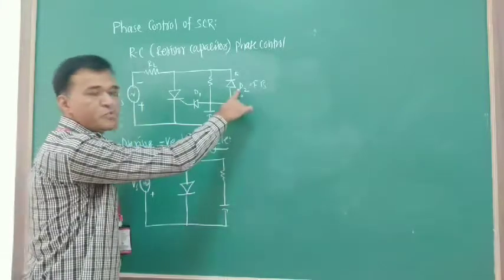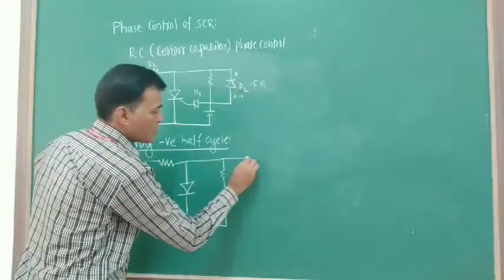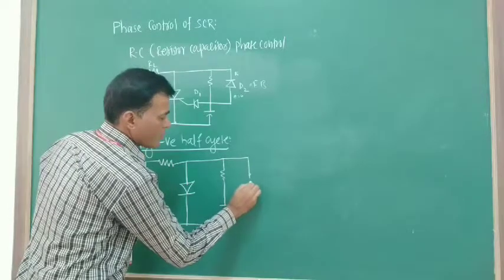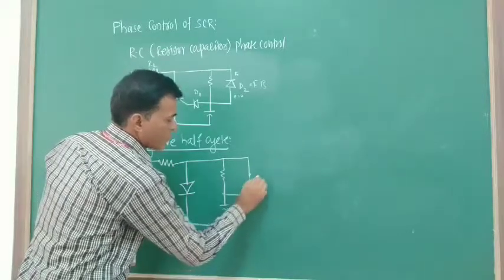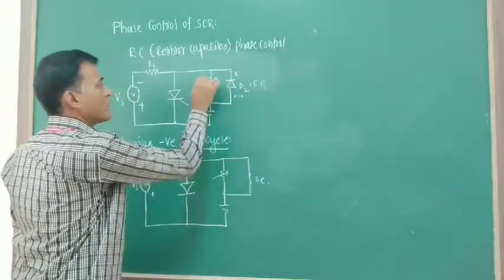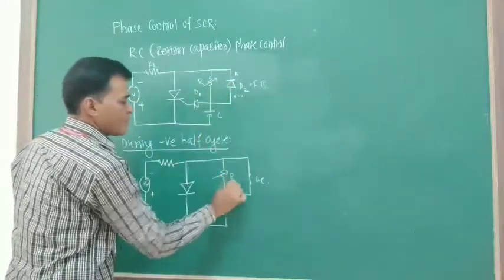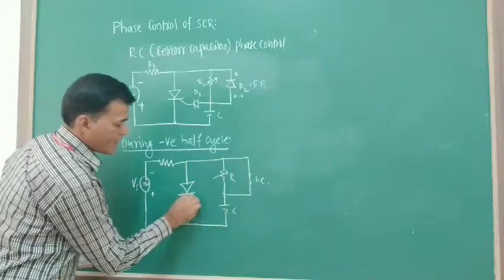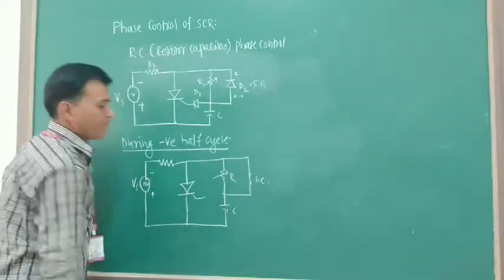Now diode D2 is forward biased, so it acts as a short circuit. This is the variable resistor R, this is the capacitor C. And here we have the diode D1.